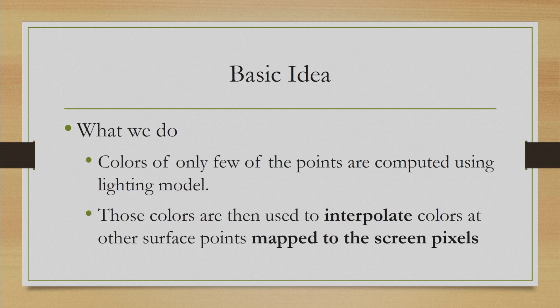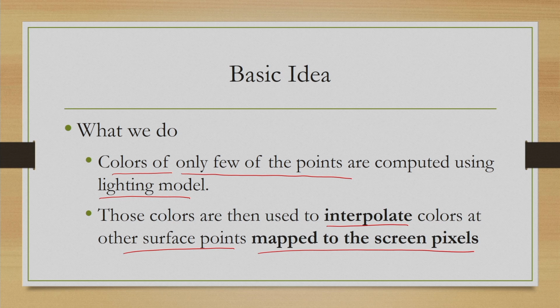So, what we do with a shading model? First, we use the lighting model to compute colors of only a few of all the points that are there on the surface. Now, using those computed points, we perform interpolation, and through interpolation we assign color at other surface points, which are mapped to the screen pixels.